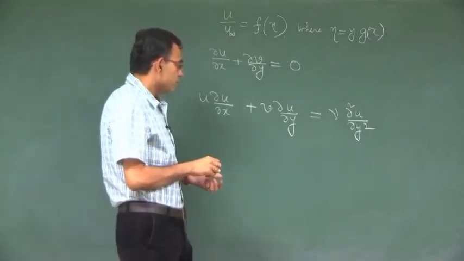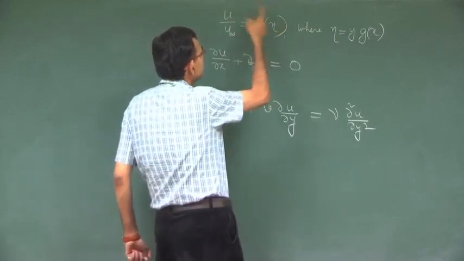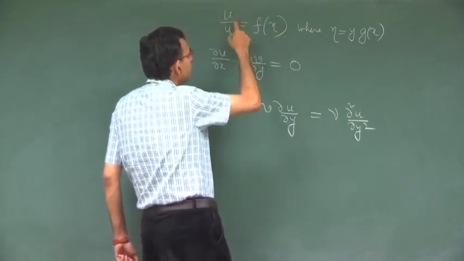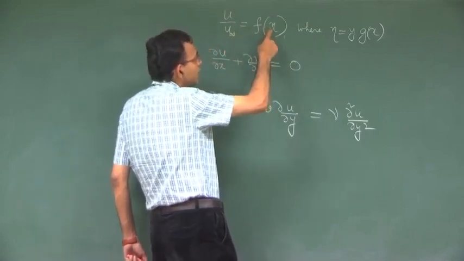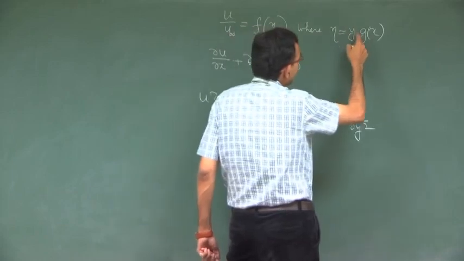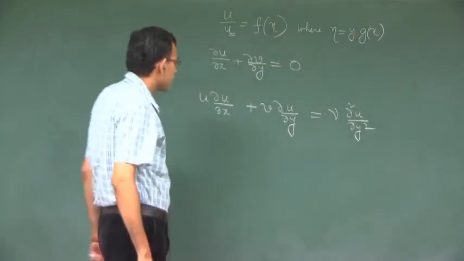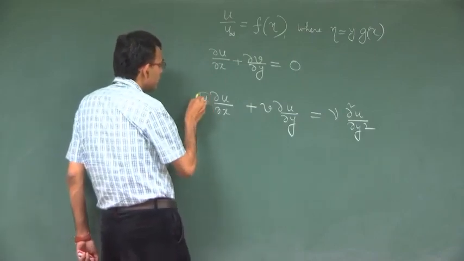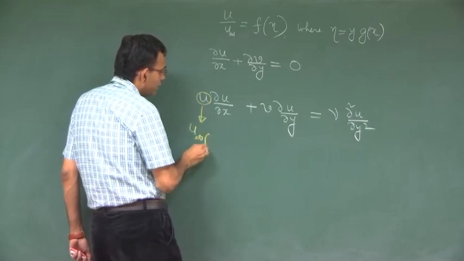So, now we will write various terms based on this assumption that u by u infinity is a single valued function of eta, where eta is essentially a variable that scales with y by delta. So, this u is u infinity into f.